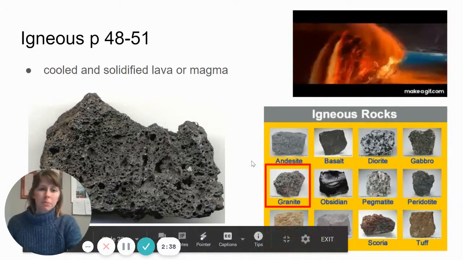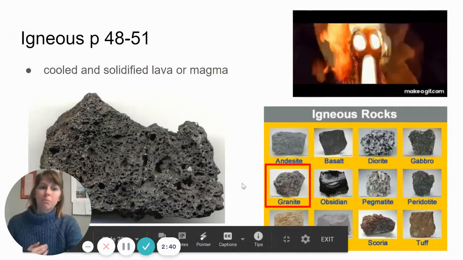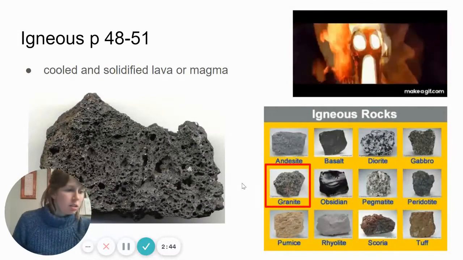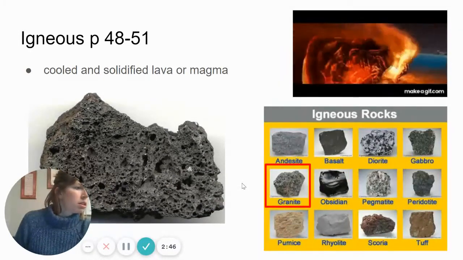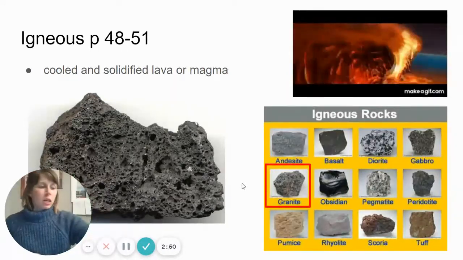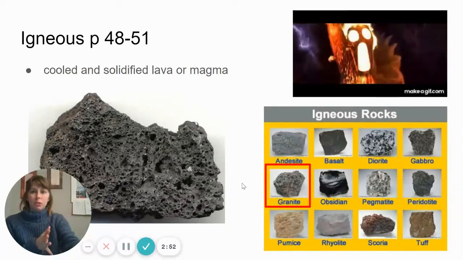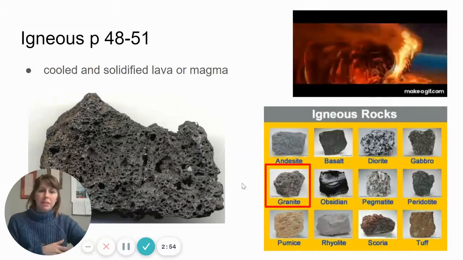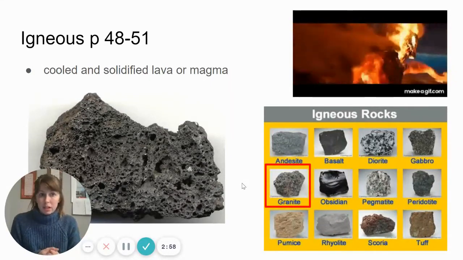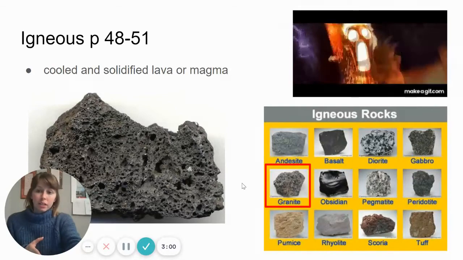You don't have to put all the examples, but granite is the most common one. And so I have granite right here. Okay. And so again, all of these rocks were cooled or solidified magma. So rock from other places melted, and then when it cooled eventually, that was igneous rock.